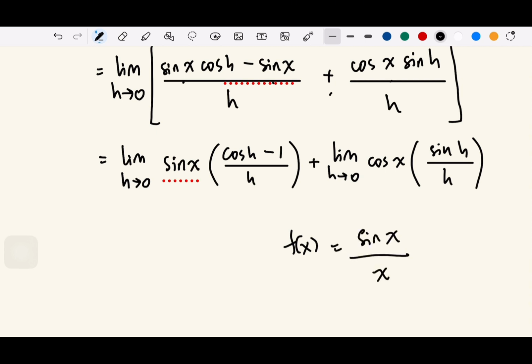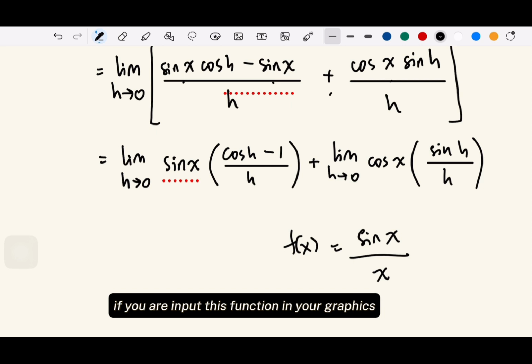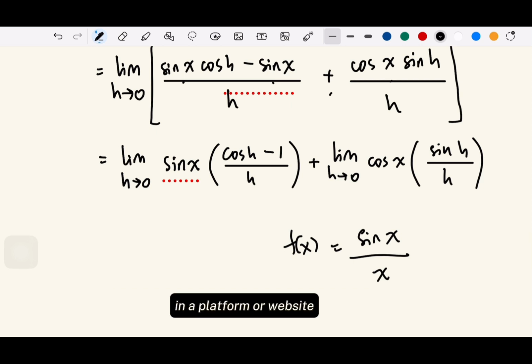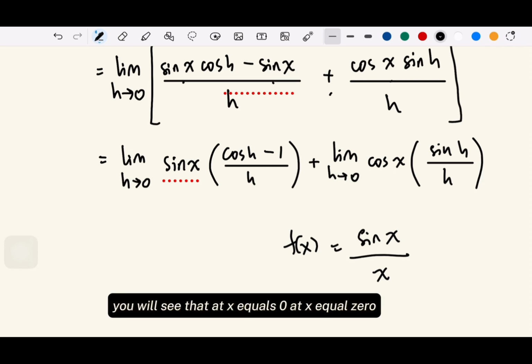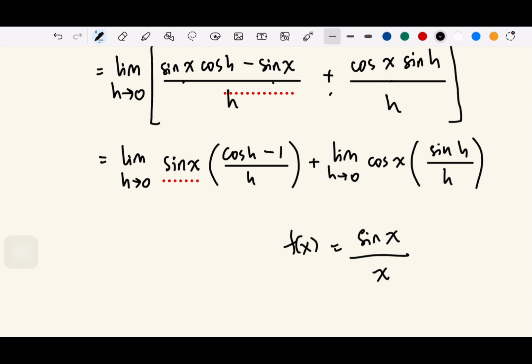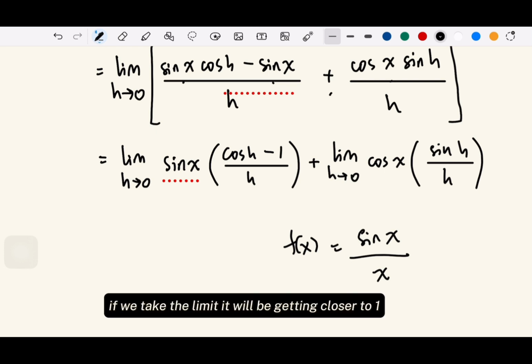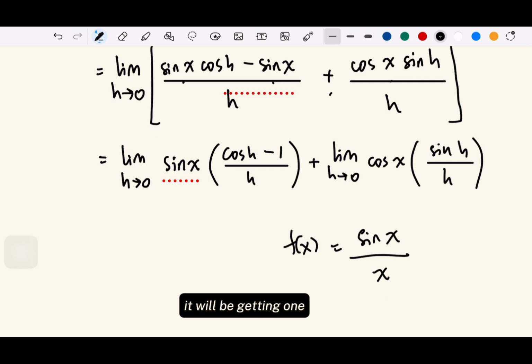If you input this function in your graphing platform or website, you will see that at x equals 0, it's undefined, but if we take the limit, it will be getting closer to 1. Or you could say, if you use the limit, it will be 1.